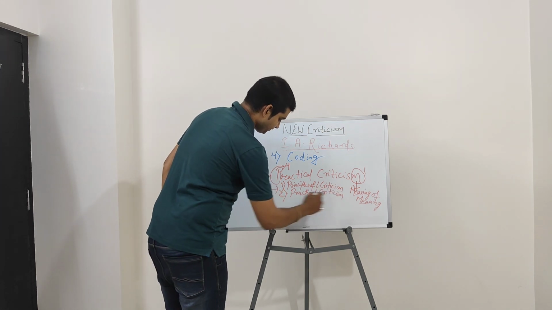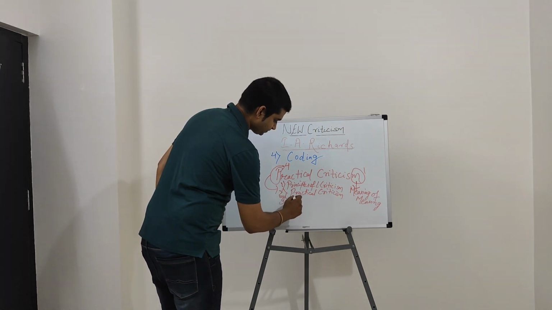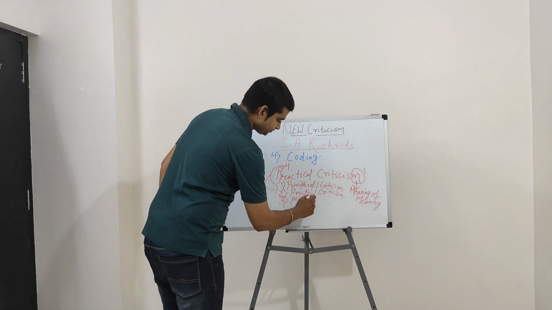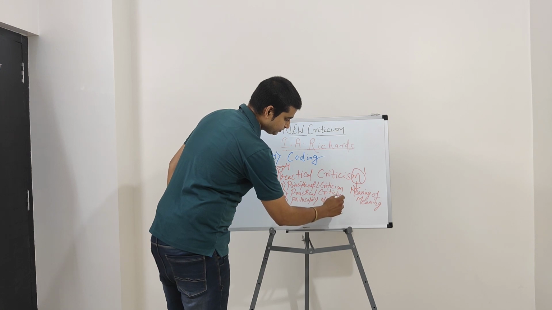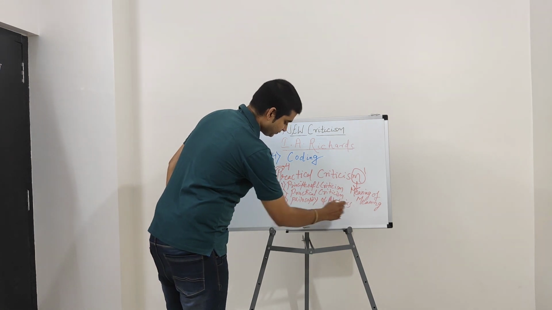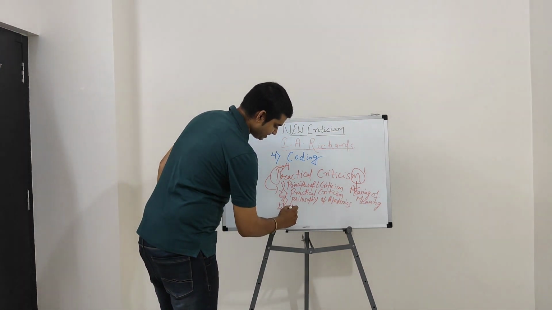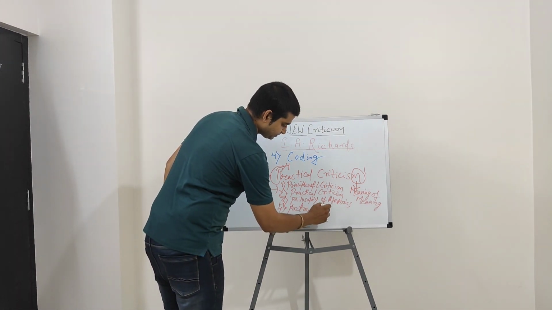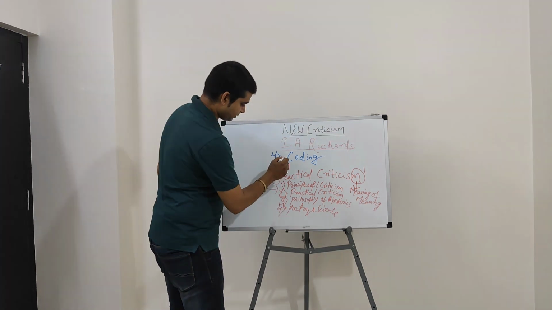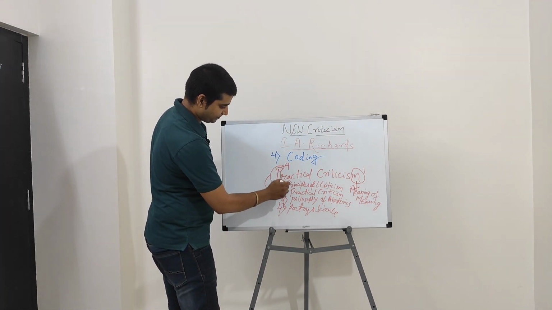Number third is Philosophy of Rhetoric. And number fourth is Poetry and Science. All the 4 works begin with the letter P.